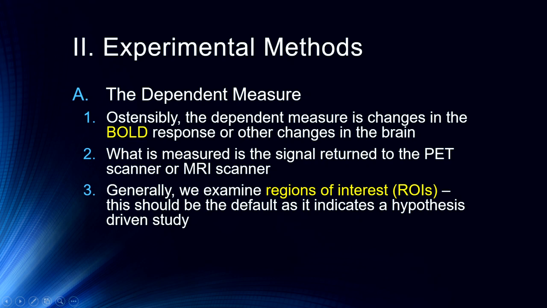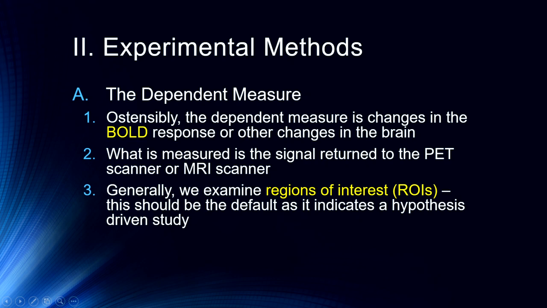Essentially, this came about originally because the technology was slow and data processing took too long. And so rather than imaging the entire brain and trying to crunch the numbers on an entire brain, we would look at a region of interest.